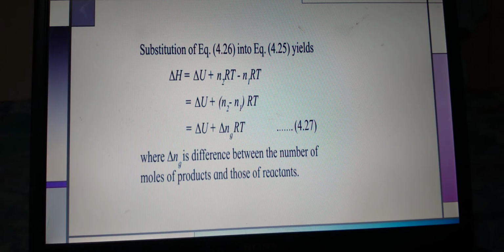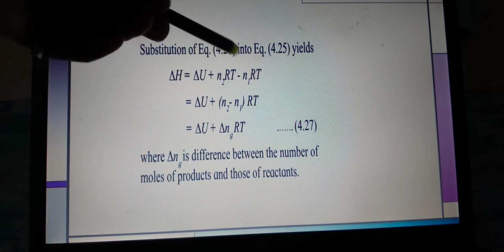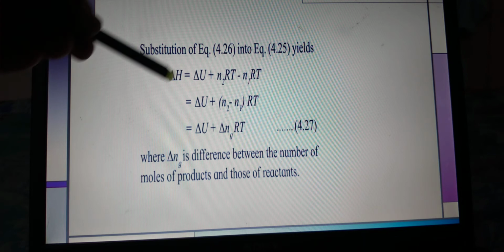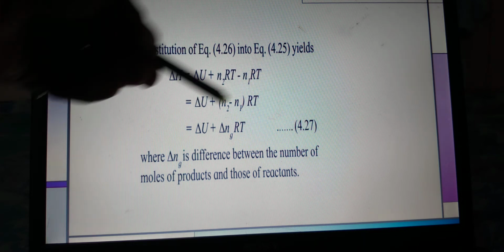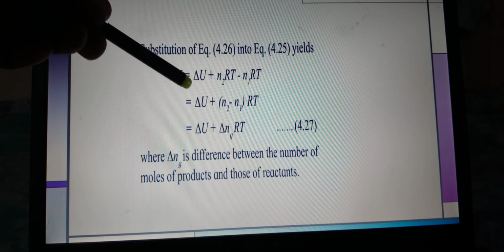So delta H is equal to delta U plus P delta V. In that formula we substitute the values: delta H is equal to delta U plus N2RT minus N1RT. Now this N2 came from PV2, and N1 from PV1, which we substitute according to the ideal gas equation. Now write the equation: P delta V is equal to N2RT minus N1RT, and taking the common term, N2 minus N1, the remaining term is the constant RT.